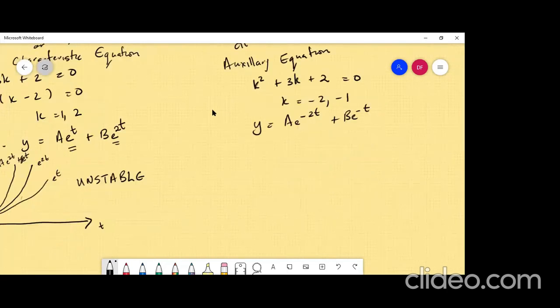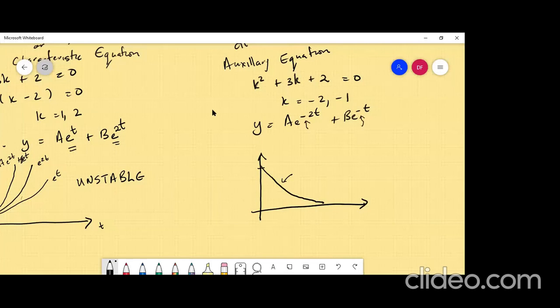So we're going to make a sketch of that one. The exponential decaying, so it is going to look like that. So this would be, because of the negative, exponential decaying.